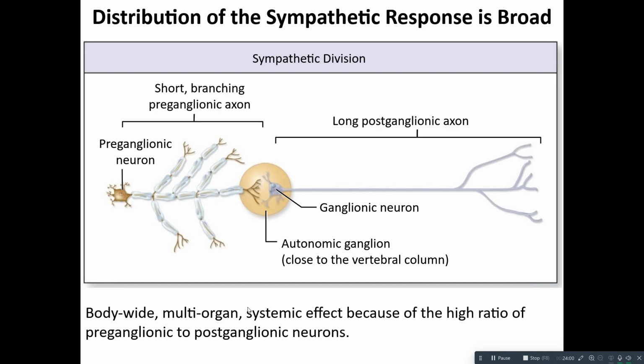One reason is that we're going to notice something in this picture that wasn't depicted earlier, but the preganglionic neuron is actually rather branched. That means one preganglionic neuron can go to multiple postganglionic neurons, and we can get a wider range of effects that way. So that's one reason for this broad distribution.